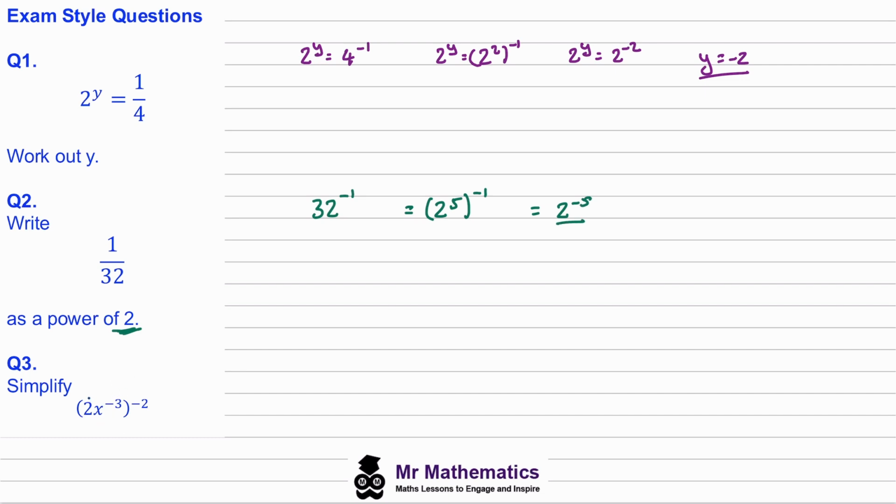And then for question 3, we can expand these out, so we get 2 to the -2 multiplied by x to the -3 raised to the power of -2. We know 2 to the -2 will give us 1 over 4. When we multiply these together, we get x to a +6. So this will give us 1/4 x to the 6.